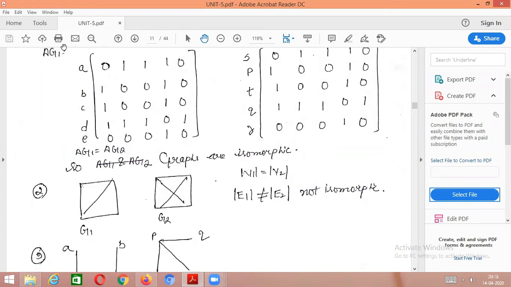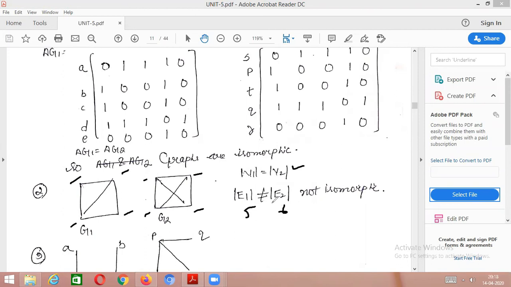When you check these two graphs, how many vertices? One, two, three, four. Four vertices. The second graph also has 1, 2, 3, 4. Vertices are the same. Edges: how many edges here? 5 edges. How many edges here? The first graph has 5 edges and the second graph has 6 edges. Therefore, the edges are not the same.